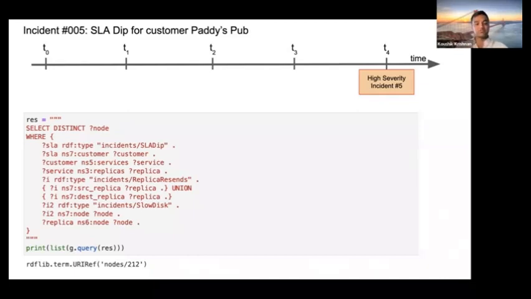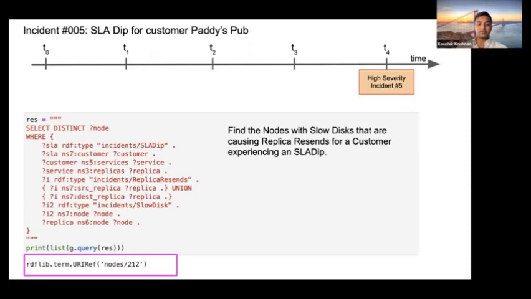Now, if you don't know the SPARQL language, this might look fairly confusing. So what this query is essentially doing is saying, find me the nodes with slow disks that are causing replica resends for a customer experiencing an SLA dip. If that doesn't look at all like what this text says, trust me, it's actually a very intuitive language.